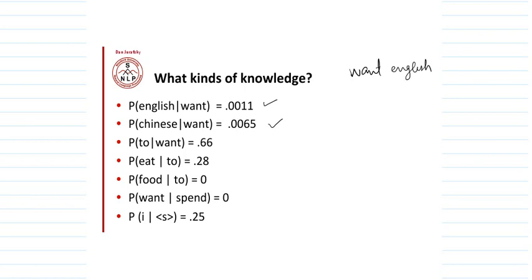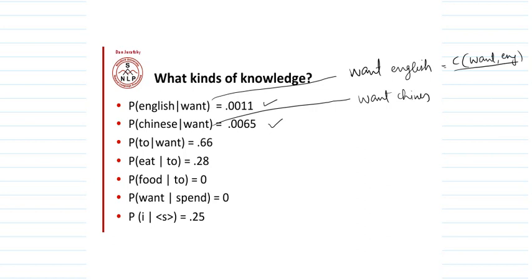This is the bigram for this one, and for this one the bigram is want Chinese. So when we calculate the probability, we calculate the count of want comma English divided by the count of want. The denominator remains the same, but we see that the count of want with Chinese is higher. That's why we are getting a little higher probability for want Chinese.